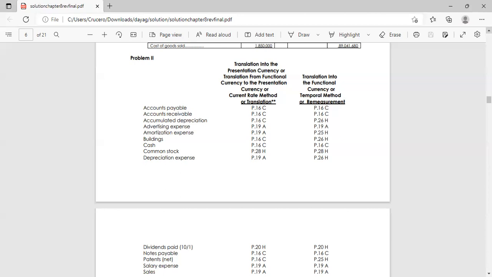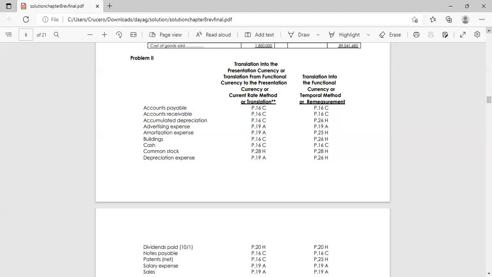Column 1 uses the current rate method, translation from functional currency to presentation currency. Column 2 uses the temporal method or remeasurement method, translation into the functional currency, meaning from presentation to functional currency.